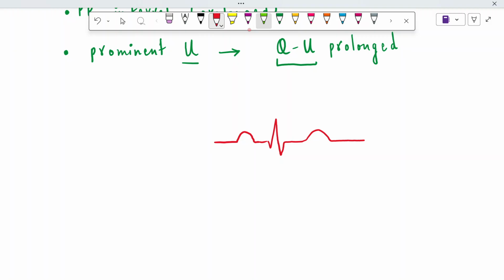There is absence of the T wave, there will be a prominent U wave, or the T wave can be inverted. There will be ST segment depression. The ST segment will be depressed, and the QU interval will be prolonged. These are some conditions you can integrate in case of ECG.